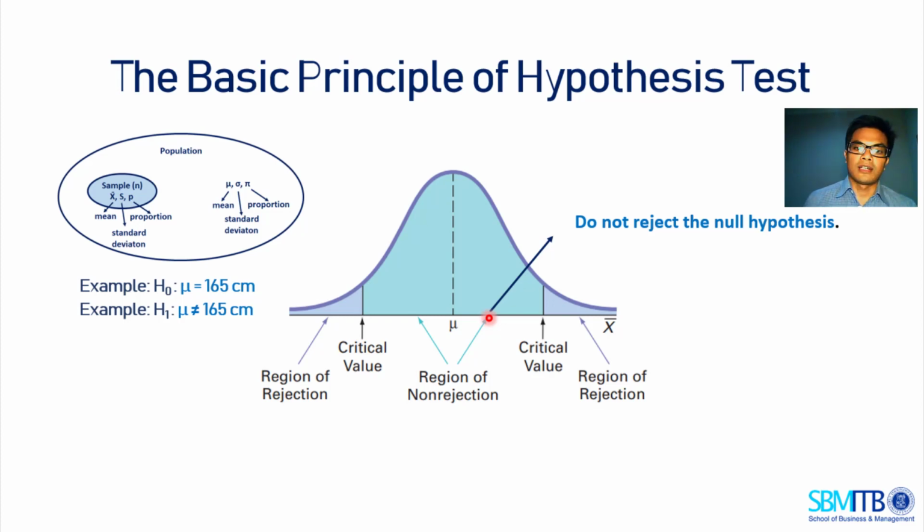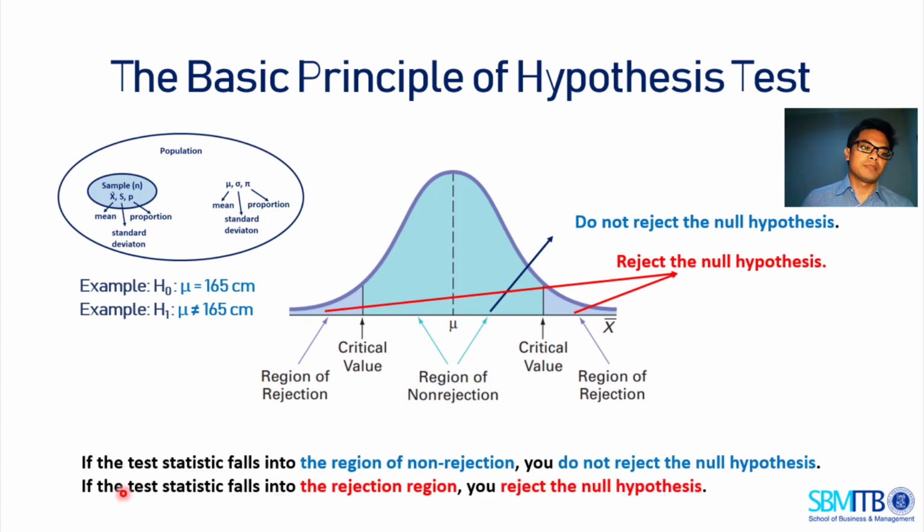But if the mean value of the sample lies in the region of rejection, then we have to reject the null hypothesis. Simply said, if the test statistic falls into the region of non-rejection, then you do not reject the null hypothesis. Conversely, if the test statistic falls into the region of rejection, then you must reject the null hypothesis.